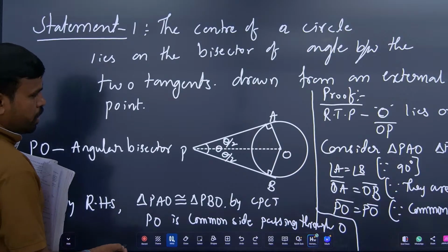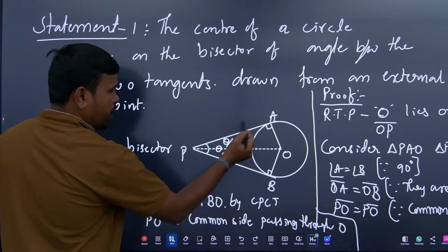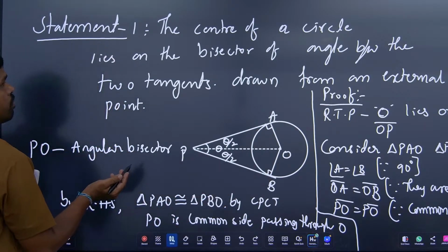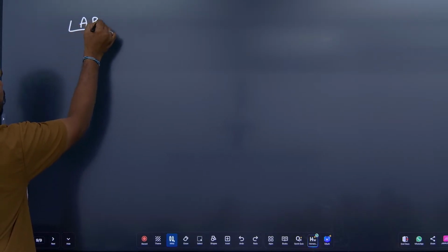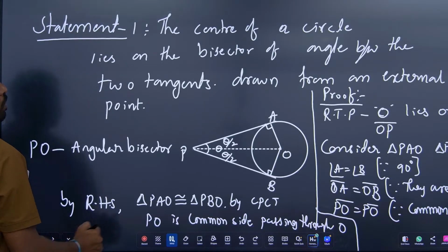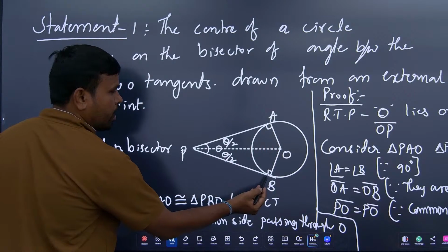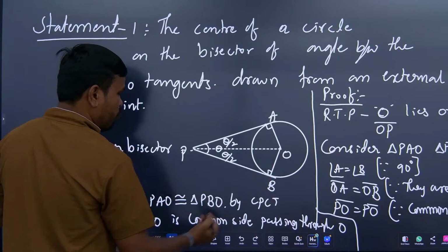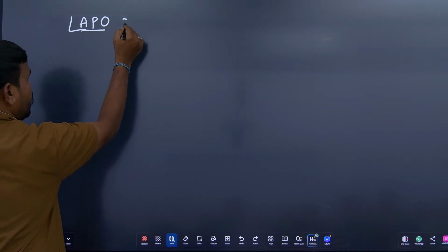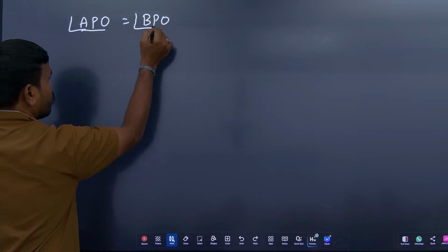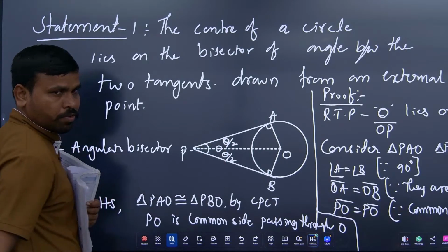Here one more thing we can write. Angle APO. Check it here. Angle APO is equal to angle BPO by CPCT. Both angles are equal, theta by 2, theta by 2. Okay.